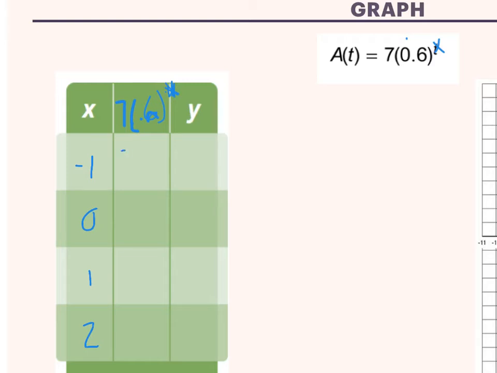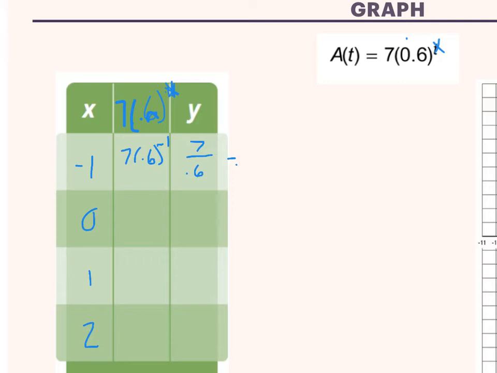So when we plug in 7 times 0.6 raised to the -1, this -1 makes 0.6 go on to the bottom. So the 7 stays on top because that -1 isn't the power of 7. 7 is just being multiplied to the whole thing. So 7 stays on top and the 0.6 goes on the bottom.